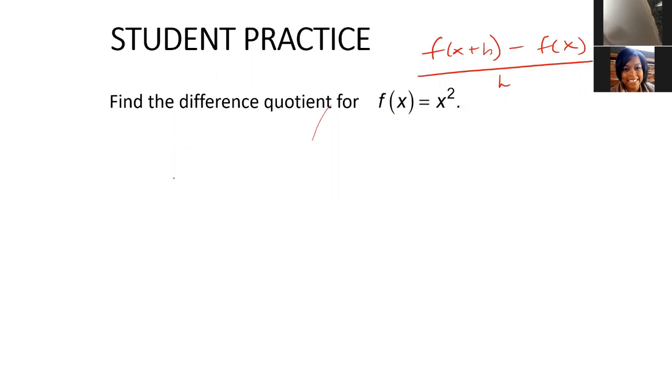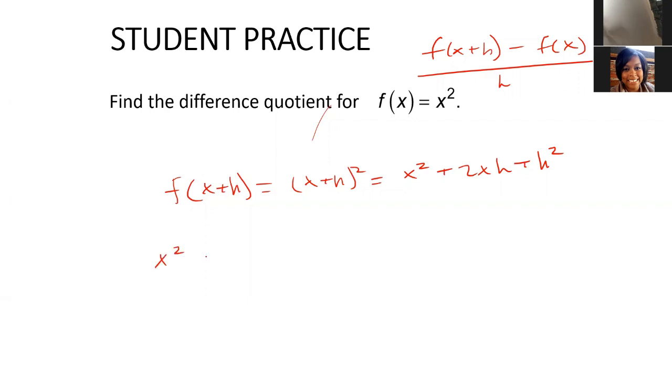So we have f of x plus h would equal x plus h squared, which equals x squared plus 2xh plus h squared. That's the first thing you find. And then we're going to plug it all in.